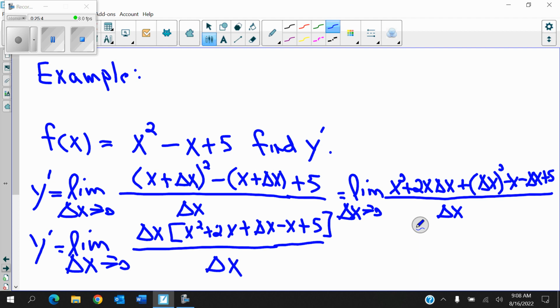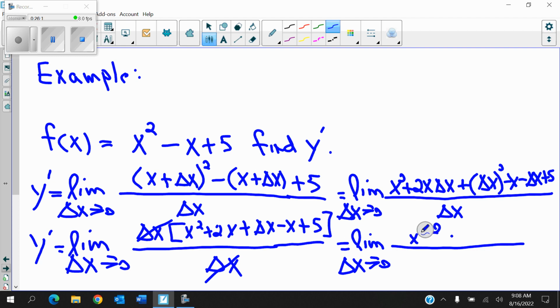Agreed? I just factored out a delta x from each term ahead of delta x. Because what happens? Cha-cha. That happens, which is a good thing. The limit as delta x approaches 0 of what's left on top? x squared plus 2x.